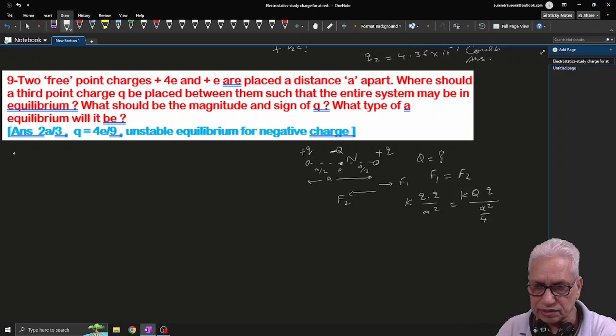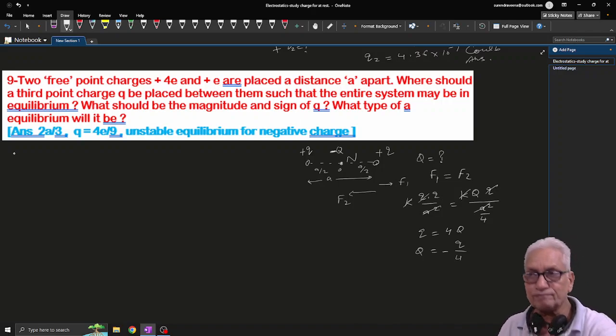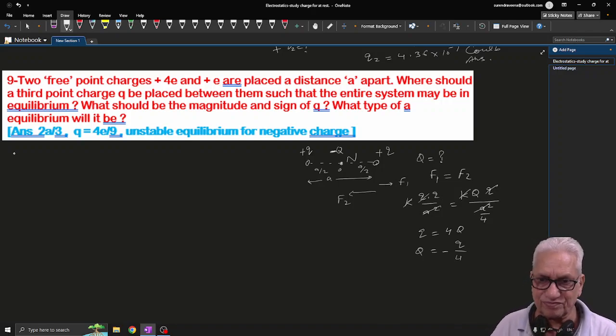We never take minus in the magnitude of a vector quantity, we take it in scalars. Now the a square also cancels out, so q can be written as 4q, or q will be q upon 4, by logic minus q. So this is the answer. If you place minus q by 4 charge at the center, then this whole system will be in equilibrium.